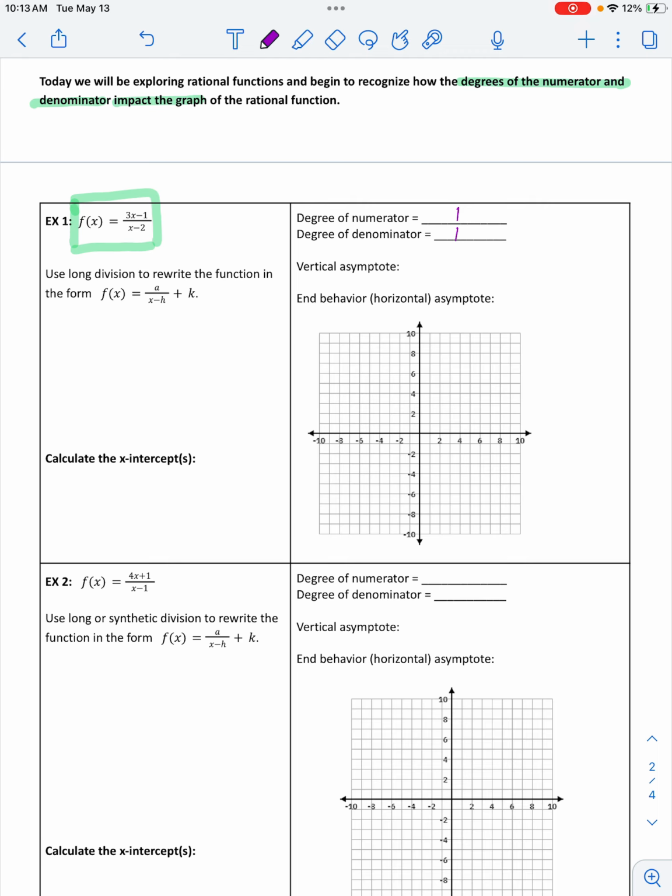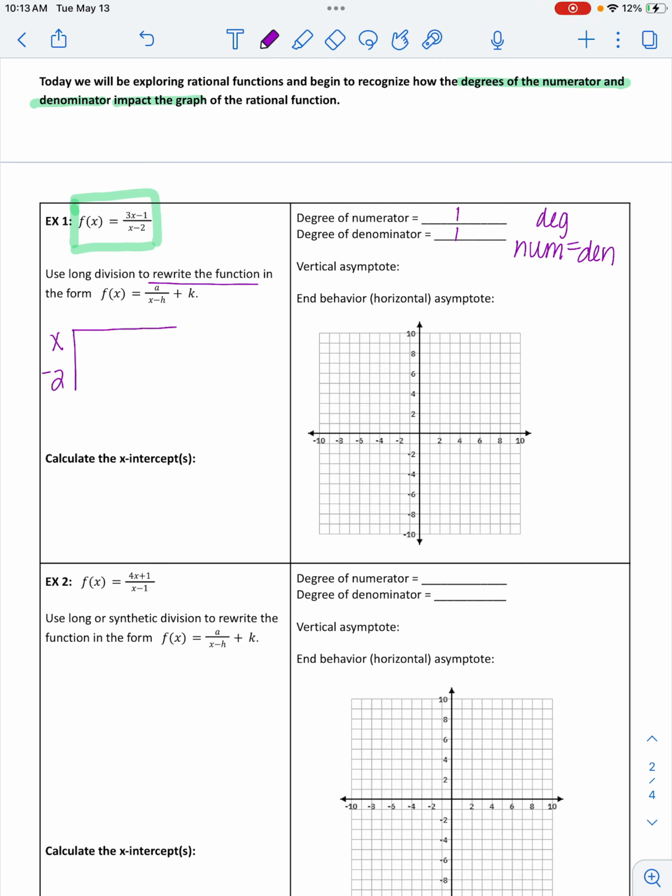So when the degrees in the numerator equal the degree in the denominator, this is how we're going to approach it. Okay, we are going to want to try to rewrite the function in that transformation form. Now it says long division, but you can use the box if that's something you prefer, which I do. So I'm going to actually divide this fraction exactly as it tells me to.